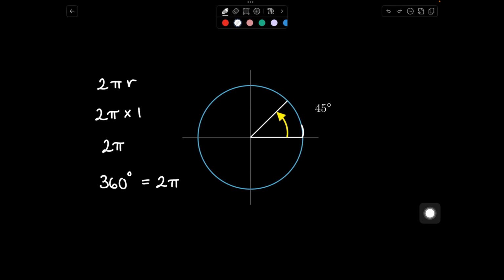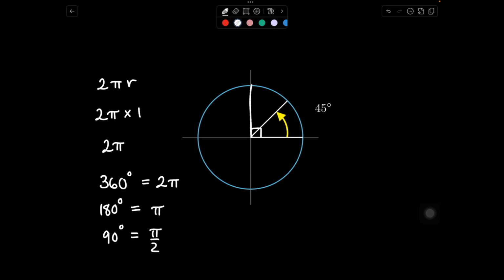Now what about 45 degrees? Well, we can figure it out like this. If the entire circle is 2 pi radians, how much is half? Well, that's going to be half of this. So 180 degrees is the same as pi. I've just divided this by 2. So if this is pi, then how much is half of that? Well, 90 degrees is pi divided by 2.